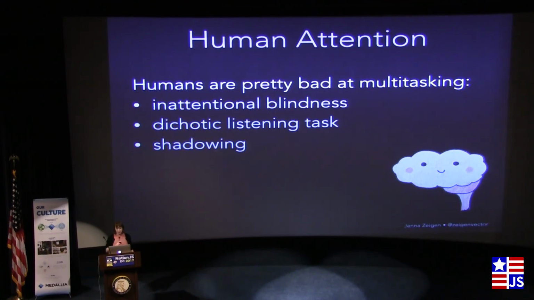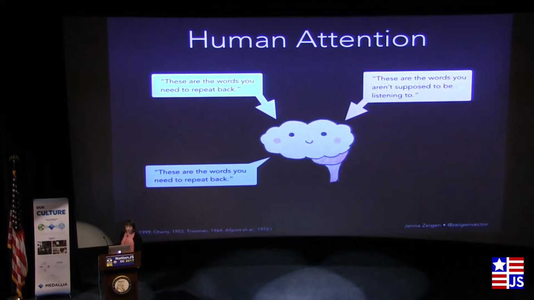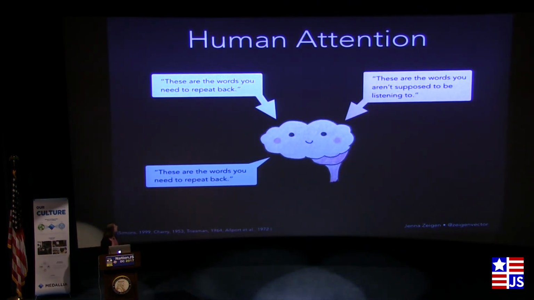There's also other experiments that scientists use to figure out how bad we are at paying attention to things. One of them is called a dichotic listening task with shadowing. In one of these experiments, you're going to have two speech streams, one going in one ear and one going in the other ear. And the scientists are going to ask participants to repeat back only one of the speech streams.